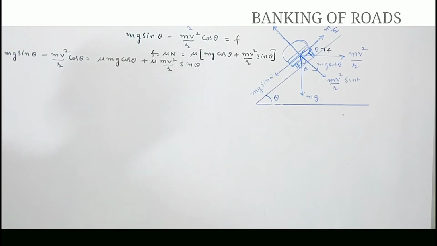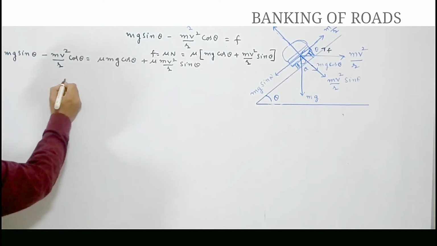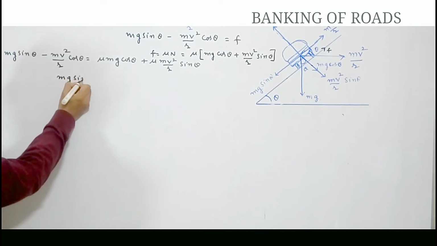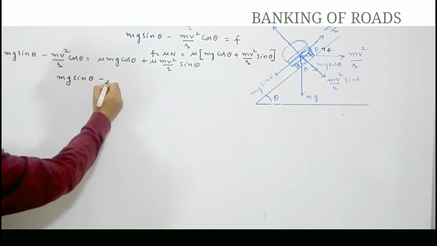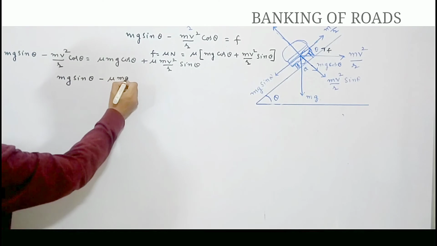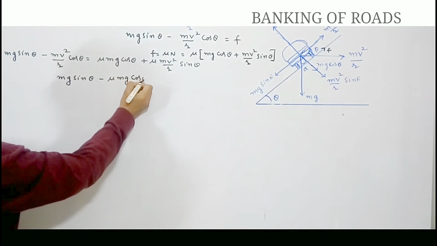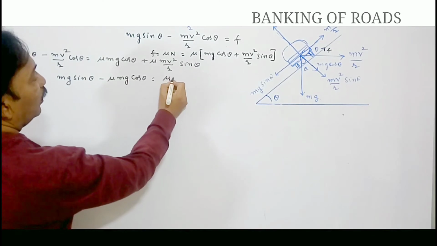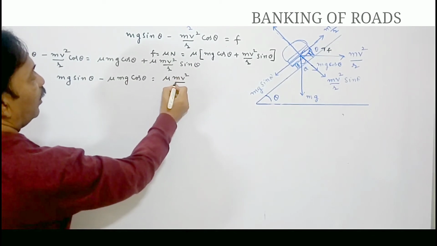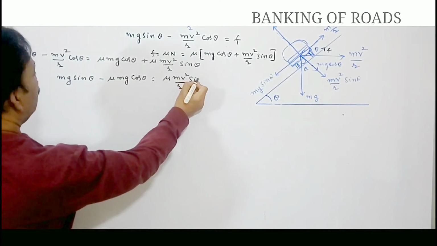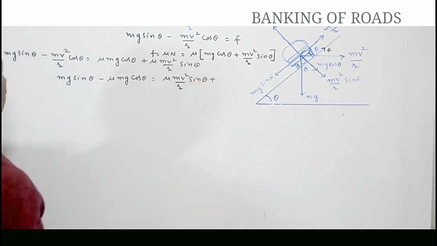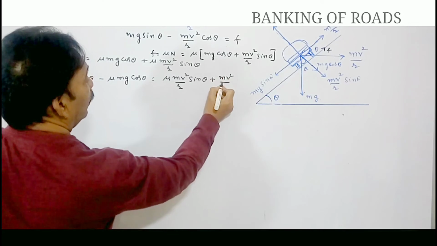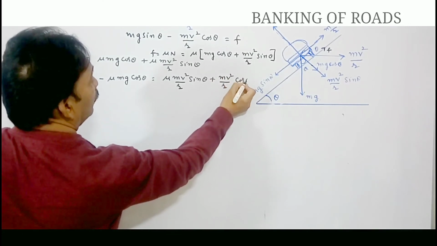Okay students, we are writing the similar terms on one side. mg sin theta minus mu mg cos theta is equal to mu of mv square by r sin theta plus mv square by r cos theta.